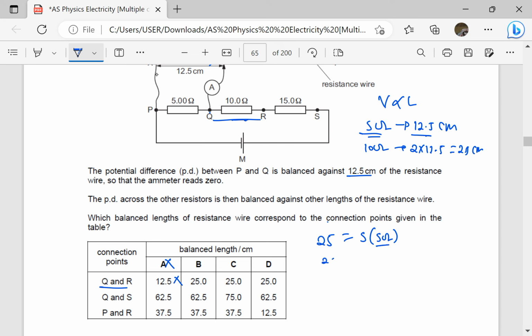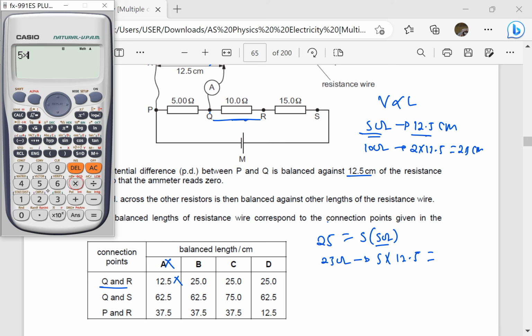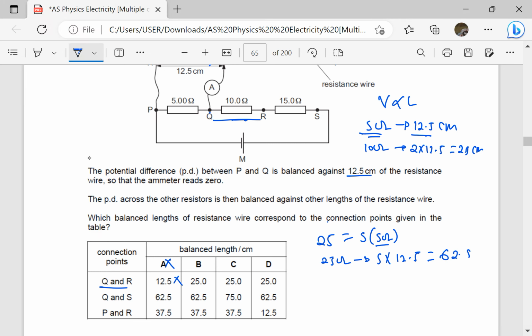So it means 25 ohms should be balanced with 5 times 12.5, that is 62.5. So Q and S, this is correct. Q and S, this is still correct. So B is still in, C is out, D is still in. Of course, A has already been got out.